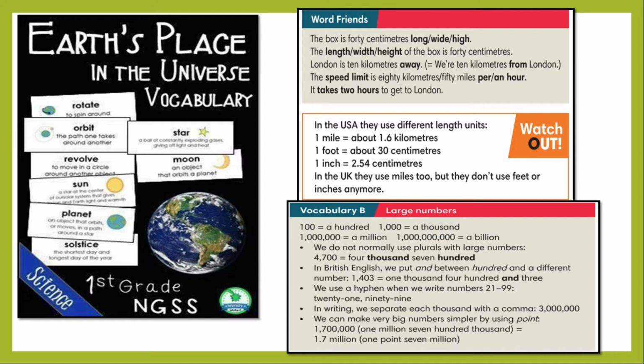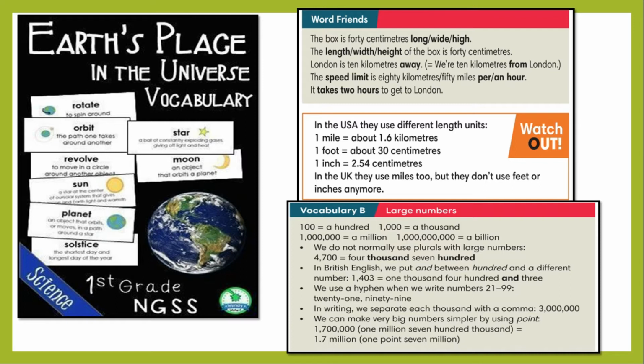The speed limit is 80 kilometers, 50 miles per hour, an hour. So I'm using here a slash to divide per and an. You can say per hour or an hour. It depends on the context, on the idea, on how you want to describe that action. In this case, the speed limit is 80 kilometers per hour, or 50 miles an hour.